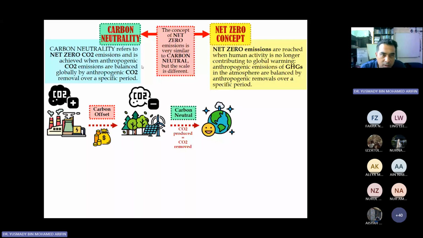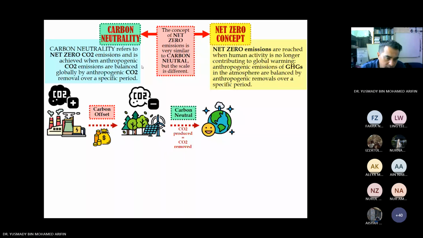So for net zero, dia refer kepada GHG gases, and CO2 is one of the GHG gases. So net zero concept dia tak ambil kira CO2 saja, dia ambil kira juga CFC, CH4 and so on, the other types of gases that are involved in global warming.